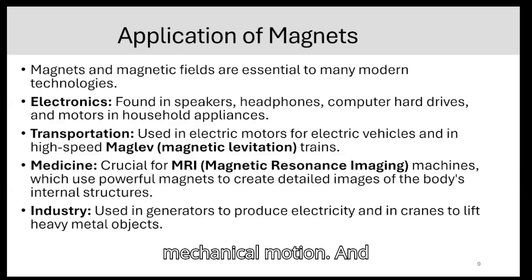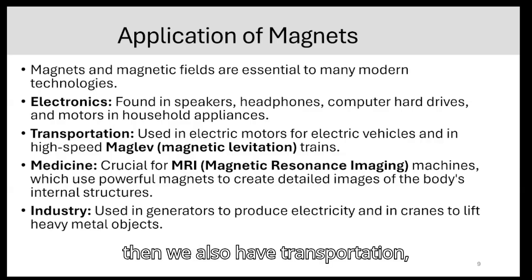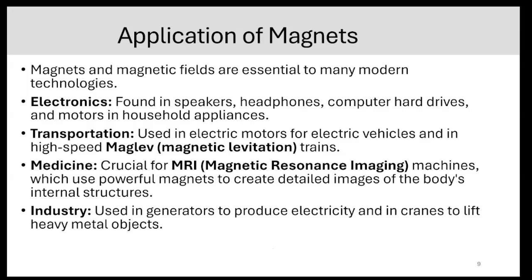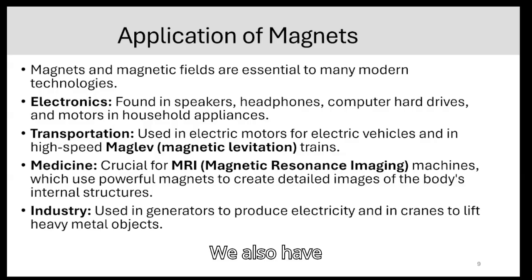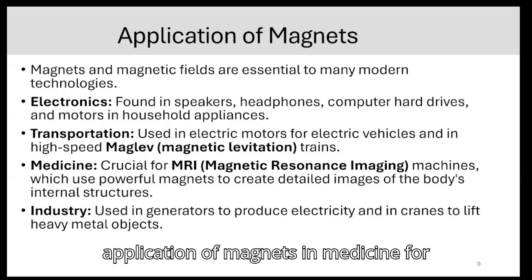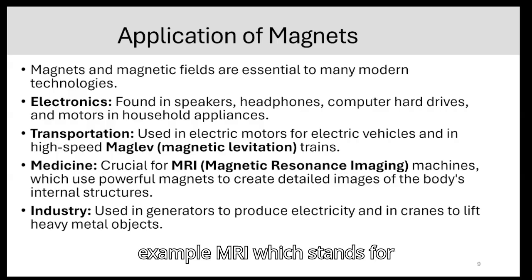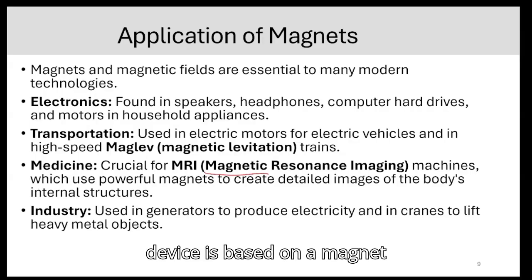And then we also have transportation. Electric motors in, for example, electric vehicles are based on electromagnetism. We also have applications of magnets in medicine, for example MRI, which stands for magnetic resonance imaging. As we see, the whole name of the device is based on a magnet.